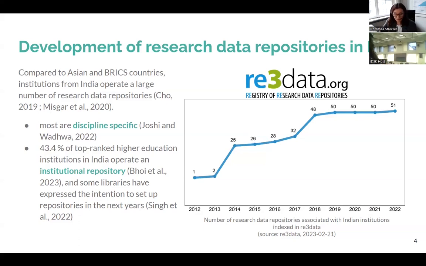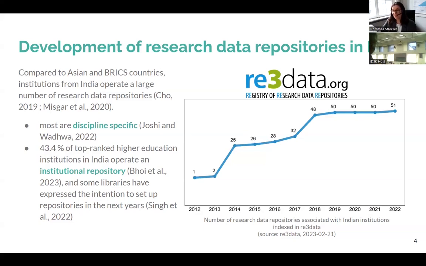Most of these Indian research data repositories are discipline specific, so they serve a specific discipline and try to adapt their services to cater to specific needs from that discipline. In comparison, there are fewer institutional repositories in Re3Data. And we think that might be a reflection of indexing practices in Re3Data as well.